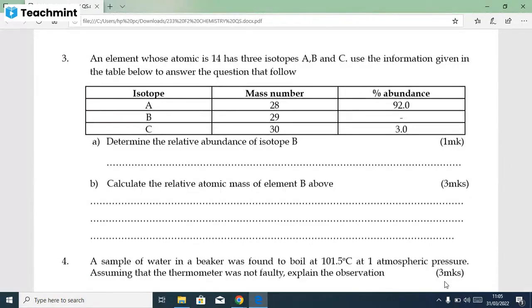Give me the answer quickly. It's supposed to be the RAM.